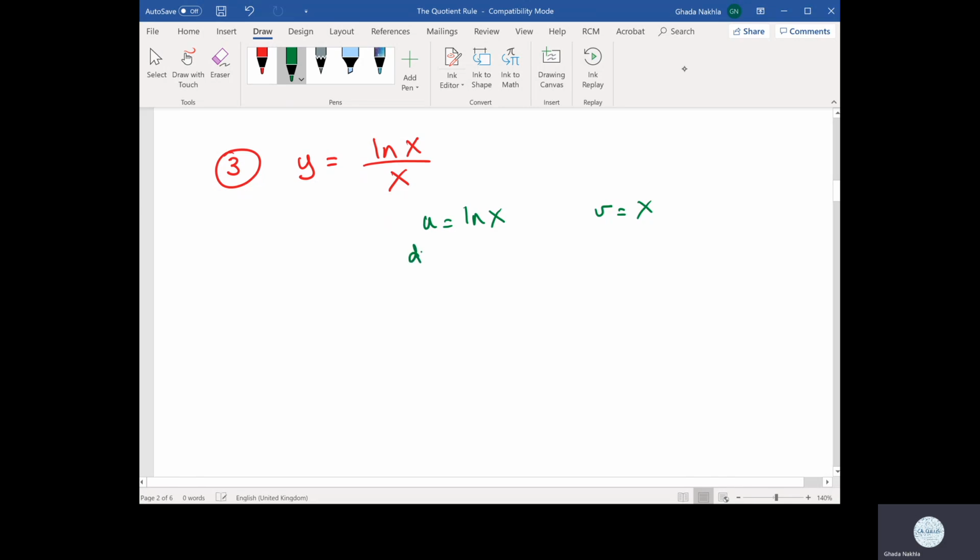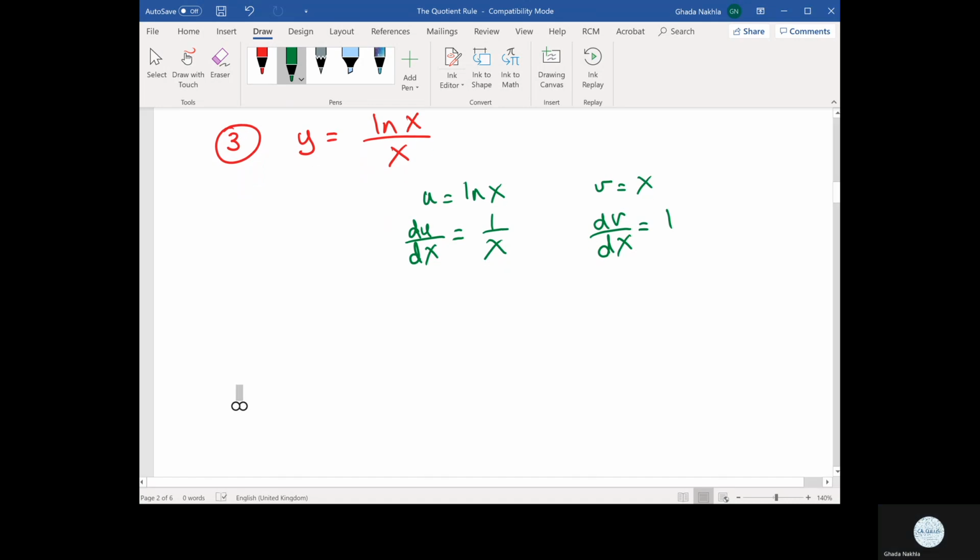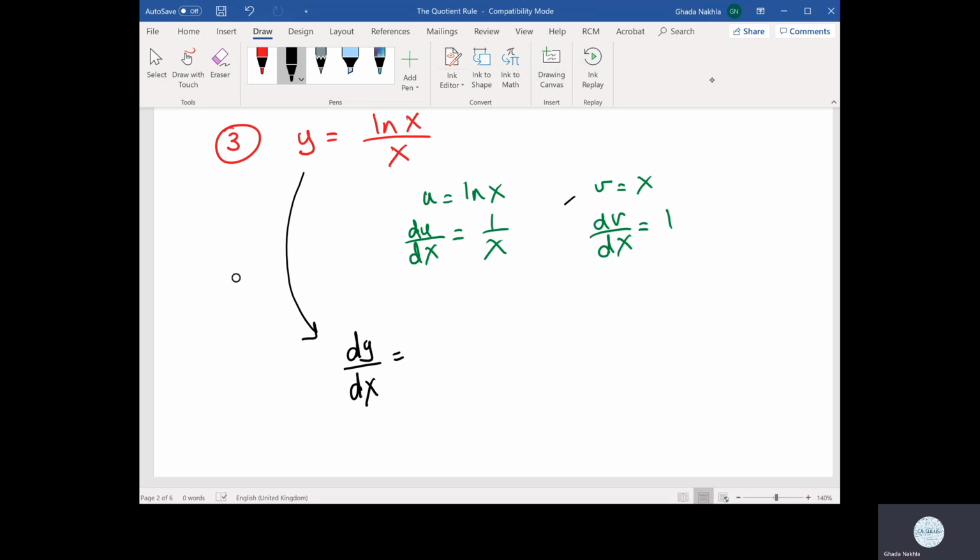Second step is to differentiate both. du by dx is 1 over x. We all know that. And dv by dx is 1. You drop the power, which is the 1. Decrease the 1, it becomes x to the 0. Anything raised to the power of 0 is 1. And then I apply the quotient rule. And the quotient rule is dy by dx equals v multiplied by du by dx.